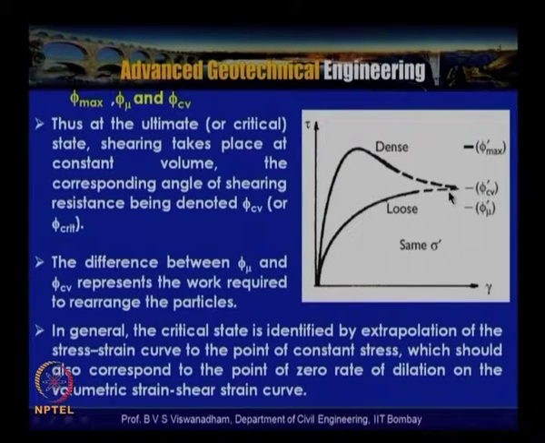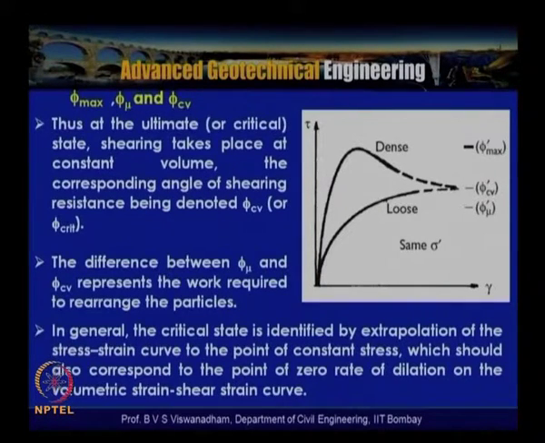Thus at the ultimate or critical state, the shearing takes place at a constant volume, and the corresponding angle of shearing resistance is denoted as phi CV, or phi critical, called the critical friction angle.